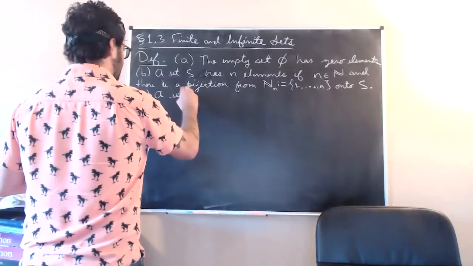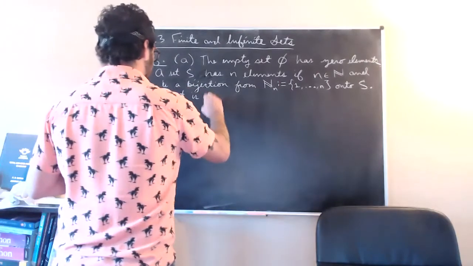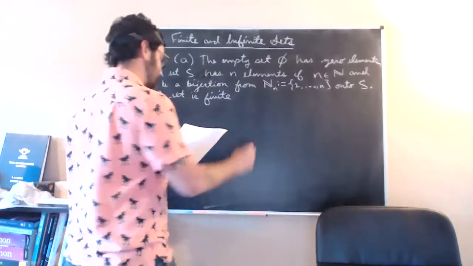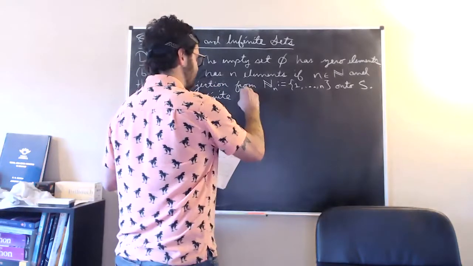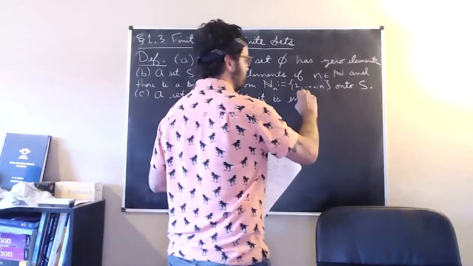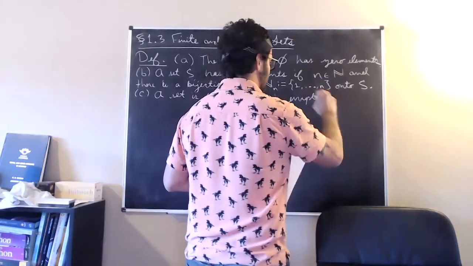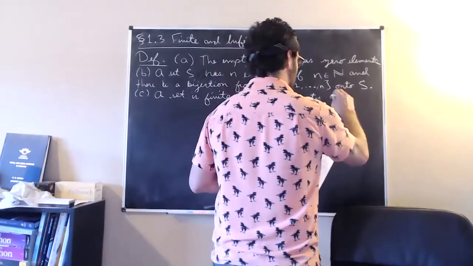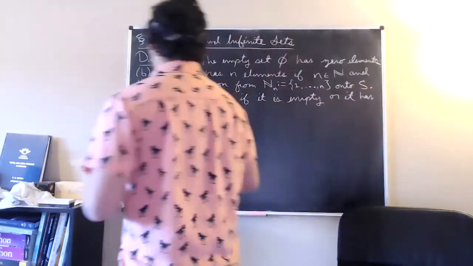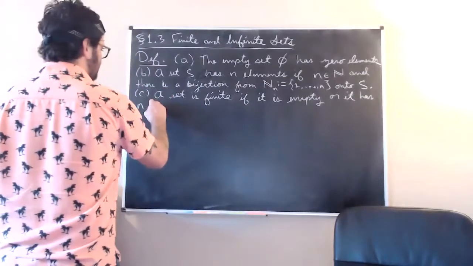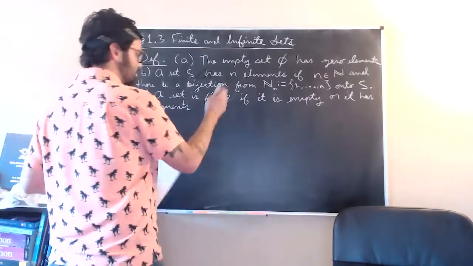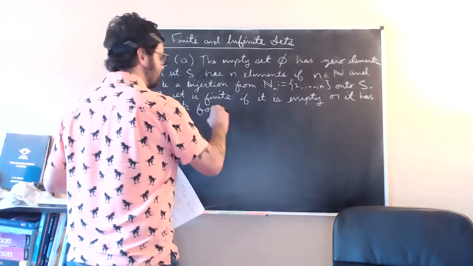Part C, a set is finite if it is empty or it has n elements for some natural number n.